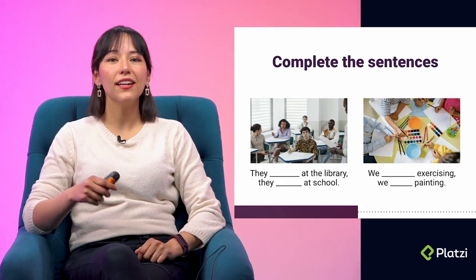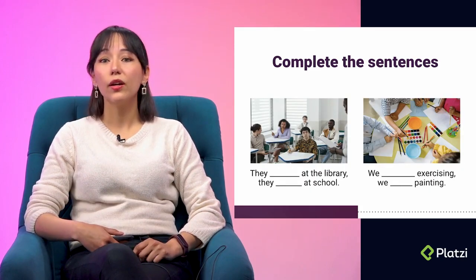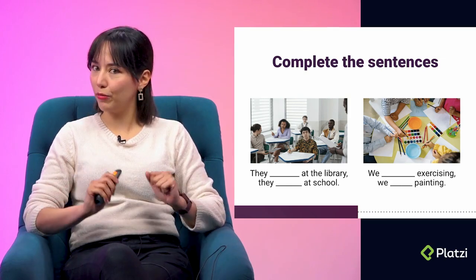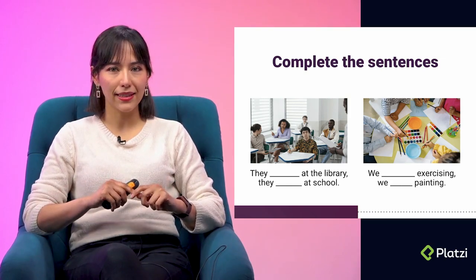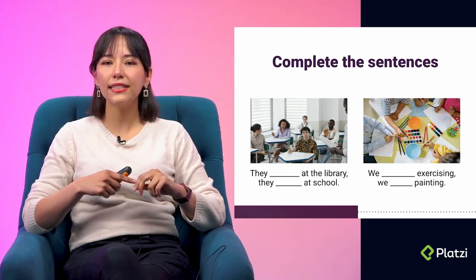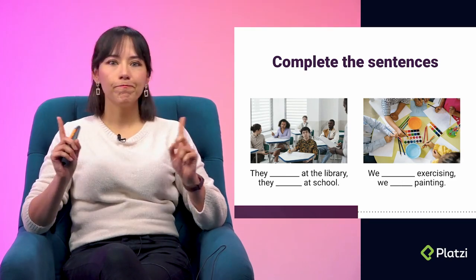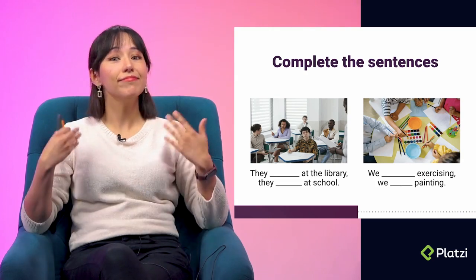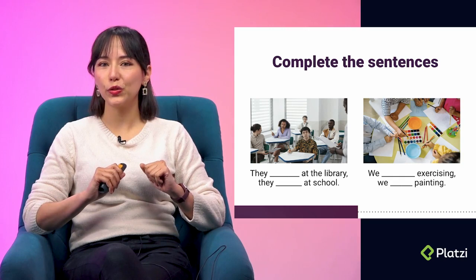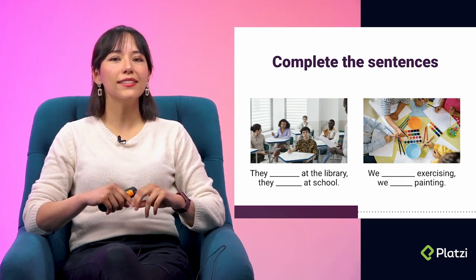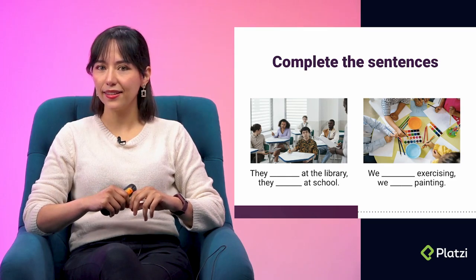Let's practice with more examples where we can use the negative form of the verb to be in past. If we check the first picture, we can say they, blank, at the library. They, blank, at school. What could be the correct way to complete this sentence?